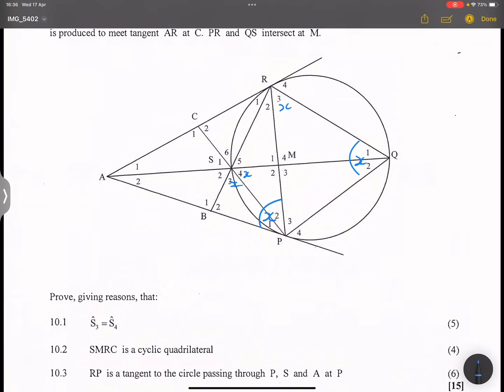So this made angle S1 also equal to x. Those are vertically opposite. It makes S6 equal to x, vertically opposite again.